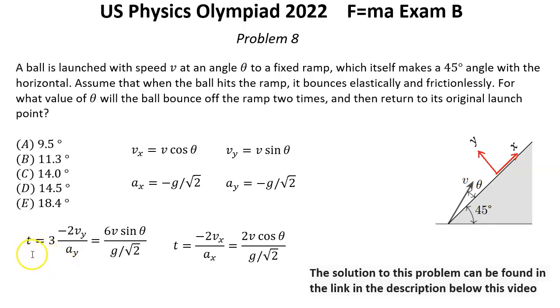Now we have to equalize these 2 times, from which we can find that tangent theta equal 1/3. It means that theta approximately equal 18.4 degrees, which is answer E, and that was the solution for problem number 8.